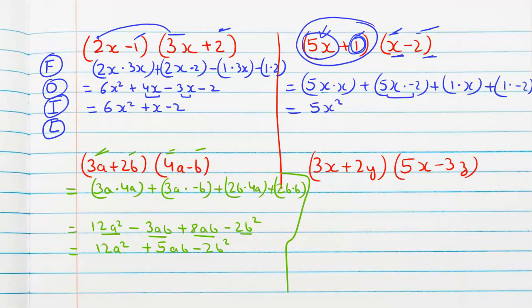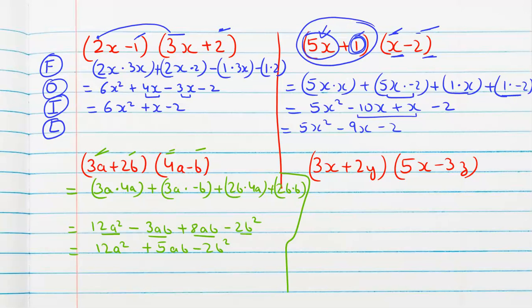This second term is -10x. This one is simply plus x, and the last one is -2. And now we can solve them. This is the only one we can simplify. So we have 5x squared minus 9x minus 2. Okay, so this is our answer for this one.